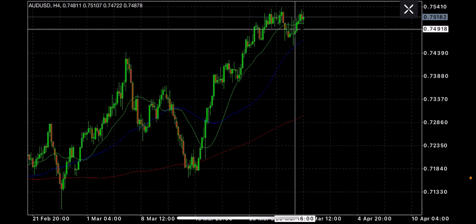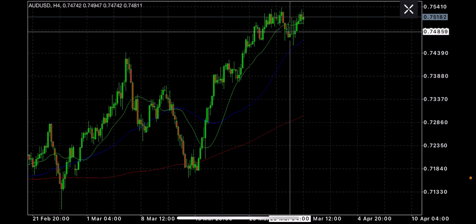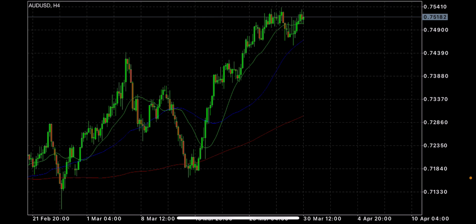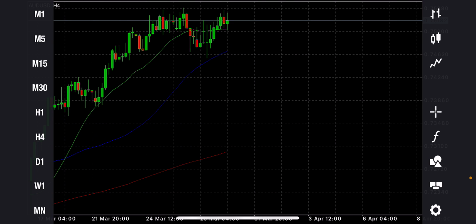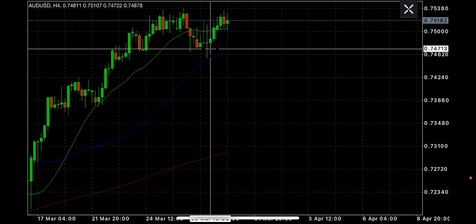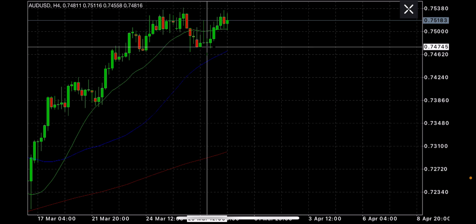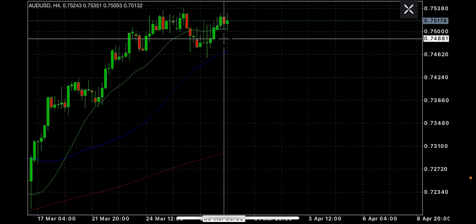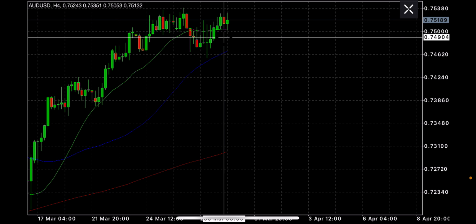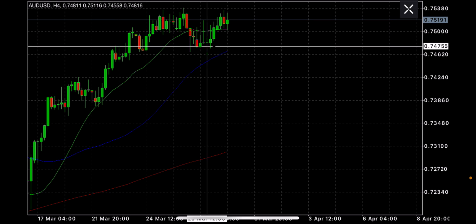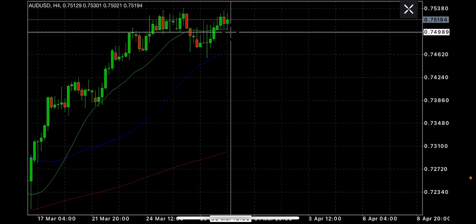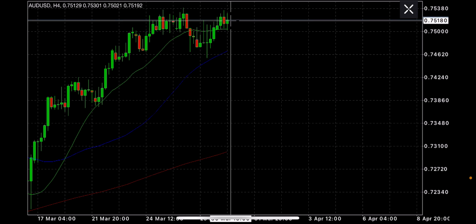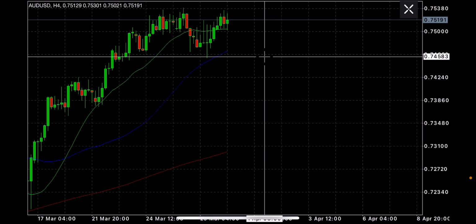This pickup does not have any type of momentum. We don't have any high pressure, long buying candles. What we have is a lot of candles with very low pressure and small bodies. Okay, so this is an indication that the buyers are not here. It's just taking a little bit more time for price to develop.